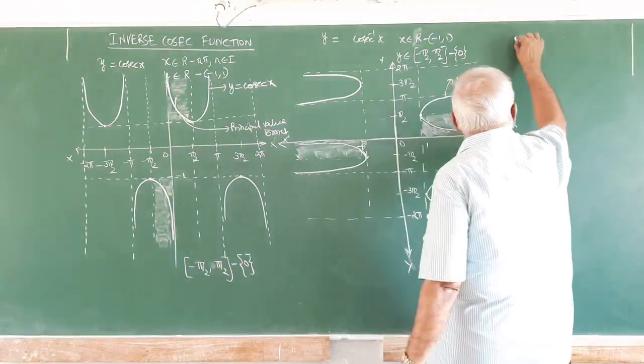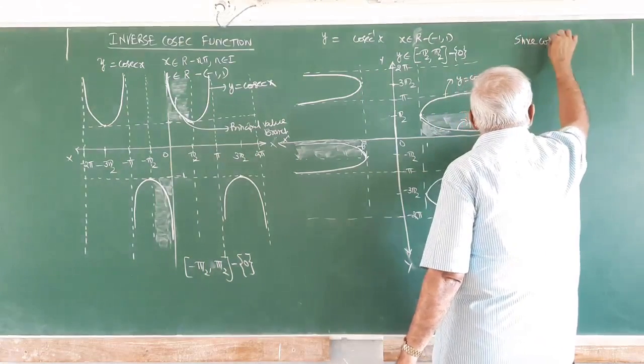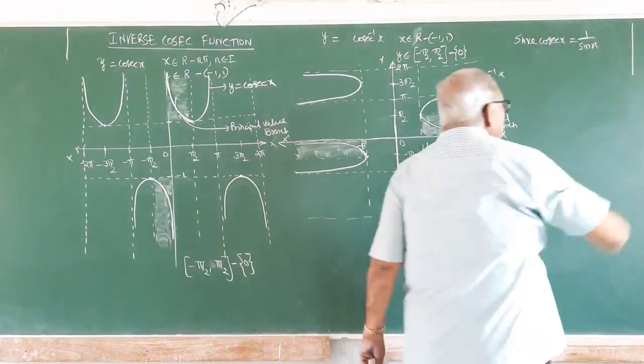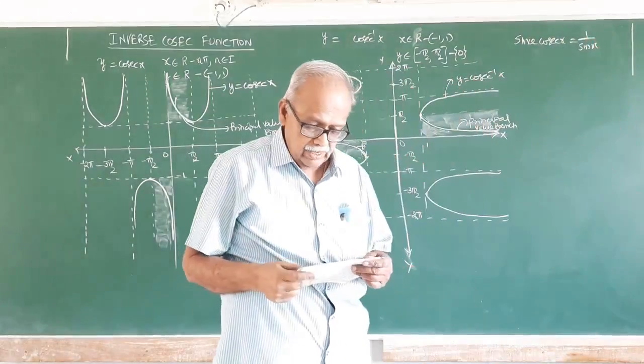Since cosecant x is equal to 1 by sin x, cosecant x is 1 by sin x.